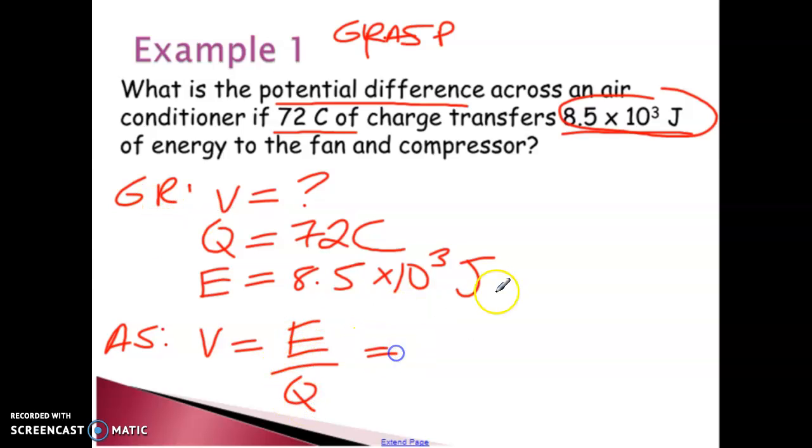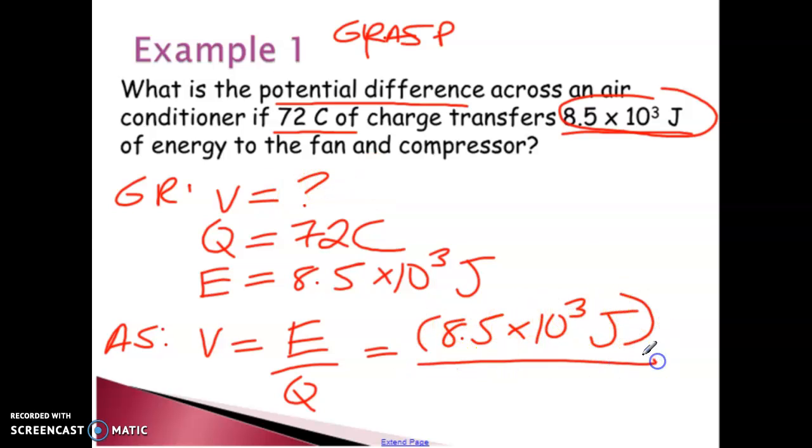When we plug in our value, just a reminder, you don't have to write this in, I'm just doing this to remind you. Whenever you put scientific notation numbers into your calculator, you want to make sure that you put them in brackets. That way your calculator recognizes that this is one value, divided by 72.